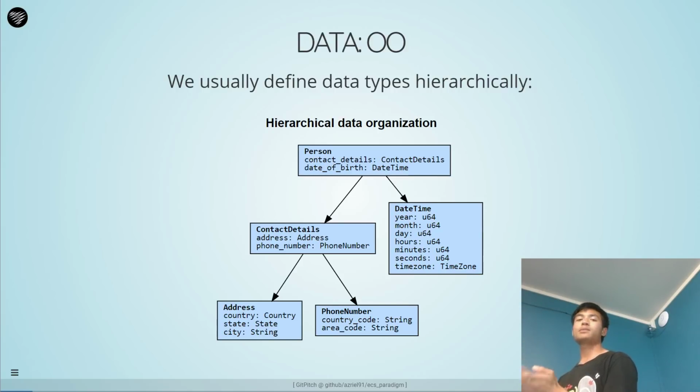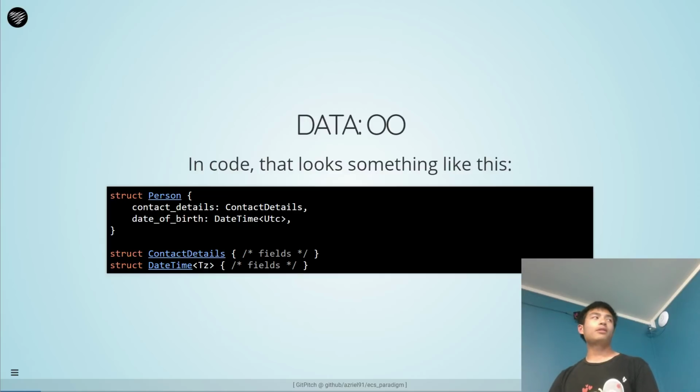And if they are richer types, they're going to be their own structs, which further have their own fields as well. And so over here, you can see in this example, we've got a person at the top level. The person has two fields, contact details and date of birth, and each of those have their own fields down the line. So in code that looks something like this, kind of trivial.